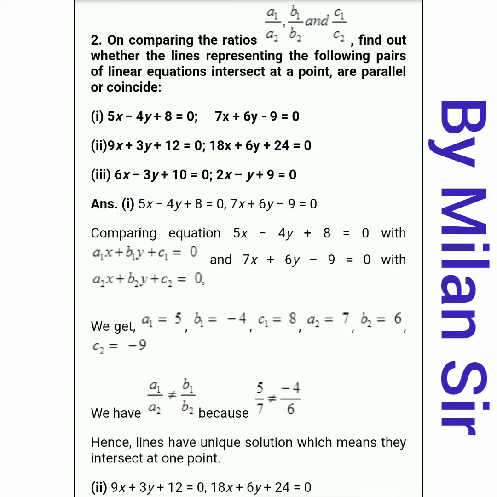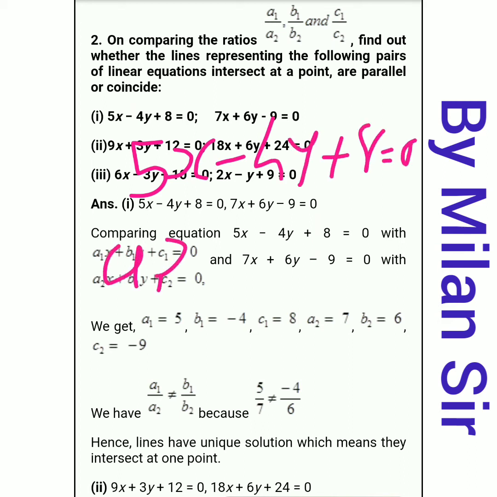So internally three questions are given here. Out of that, the first question: 5x minus 4y plus 8 equals 0, and the second equation: 7x plus 6y minus 9 equals 0. Now compare our first equation, 5x minus 4y plus 8 equals 0, with a1x plus b1y plus c1 equals 0.